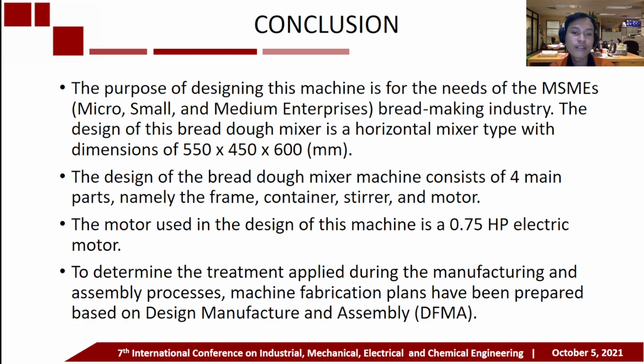The design of the bread dough mixer machine consists of 4 main parts, namely the frame, container, stirrer, and motor. The motor used in the design of this machine is a 0.75 horsepower electric motor. To determine the treatment applied during the manufacturing and assembling process, machine fabrication plans have been prepared based on DFMA design, manufacture, and assembly.